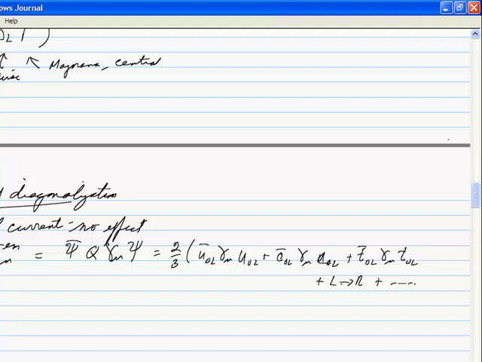plus other charges. Okay, so since the left-handed and right-handed rotations are separate, these guys are singlets, and so that just turns into the same thing, but with the physical fields.